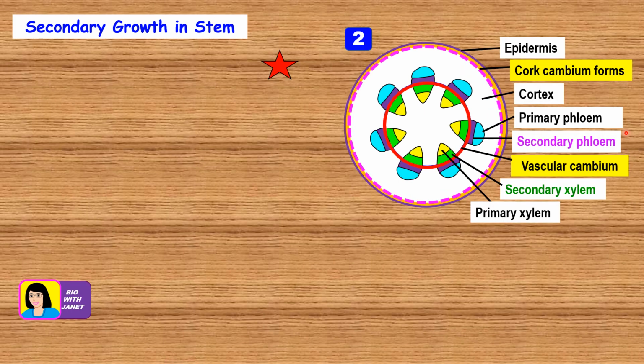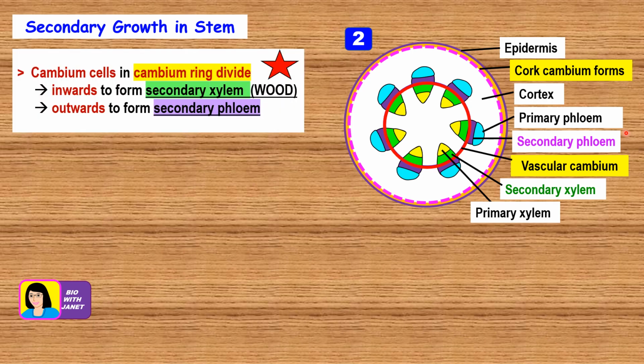Let's go to the second stage of secondary growth. The main event is that the cambium cells in the cambium ring, the red ring here, divide by mitosis and produce secondary xylem inwards, the green part, and divide outwards to form the secondary phloem, the purple layer here.